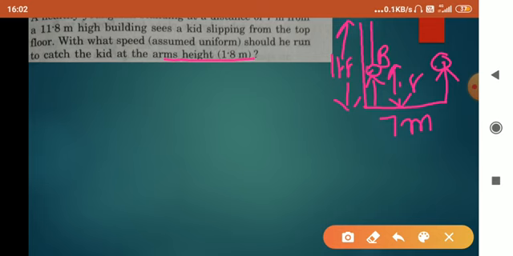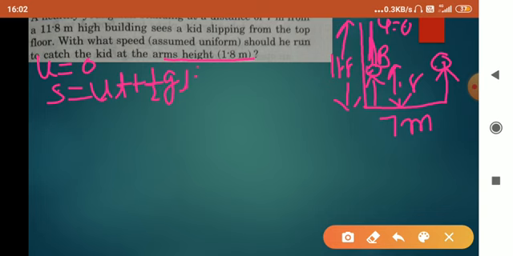So for the kid, initial velocity is 0. This is the condition of a freely falling body. So the distance covered by the kid reaching point B is given by S equal to ut plus half g t square.